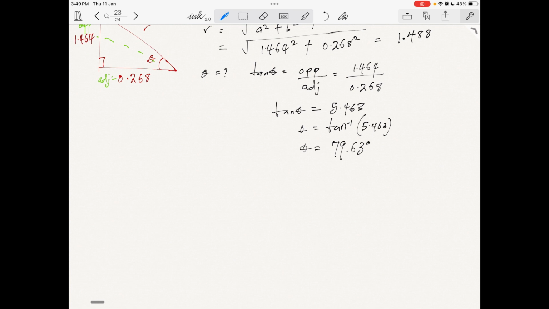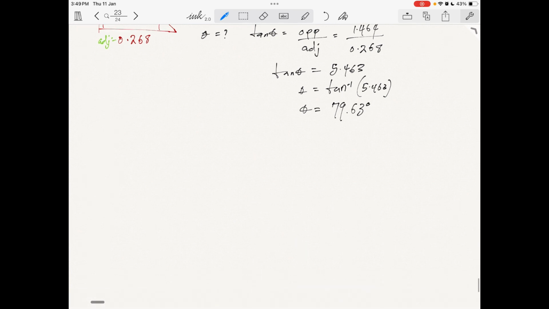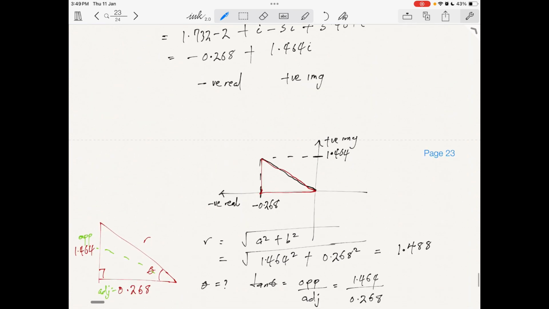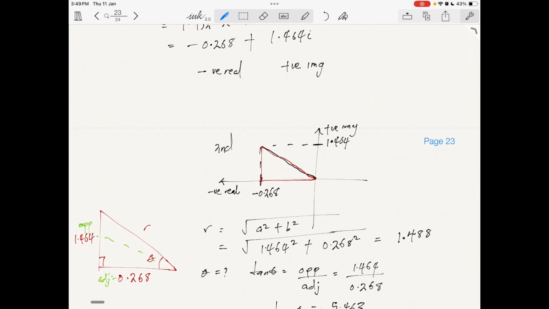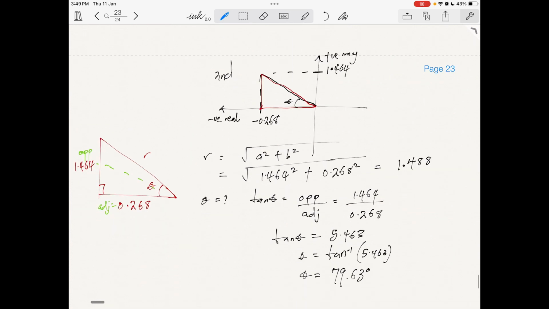Now, having been able to evaluate theta, we will now have to look at the quadrant we are dealing with. We can see here that we are in the second quadrant, and this is theta. Going back to our understanding in our previous videos, if this is theta, then our argument, where we start counting from here, is going to be 180 degrees minus theta.